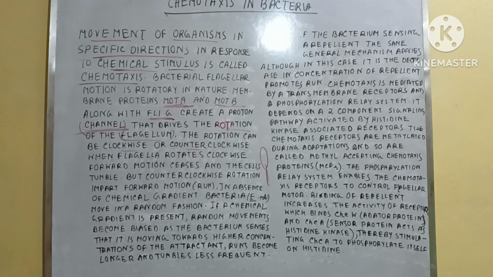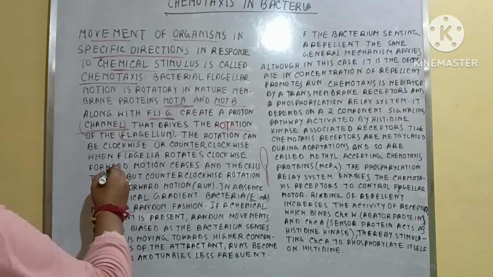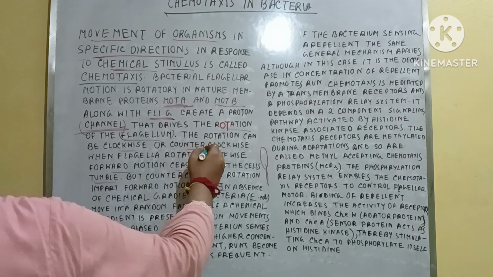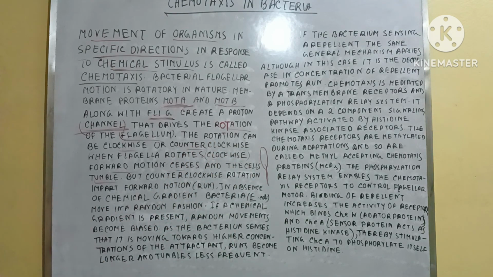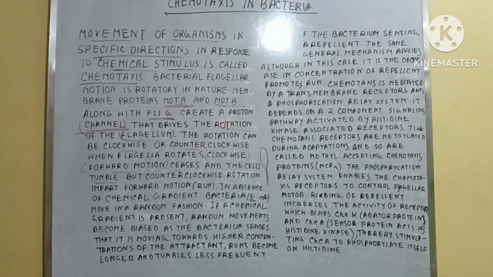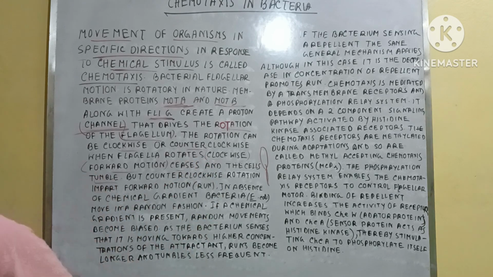So here the flagella, when rotating clockwise, the forward motion ceases and the cells tumble. Tumble means fall down. So in case of clockwise motion of the flagella, it shows forward motion, but it stops after some time and the cells tumble.